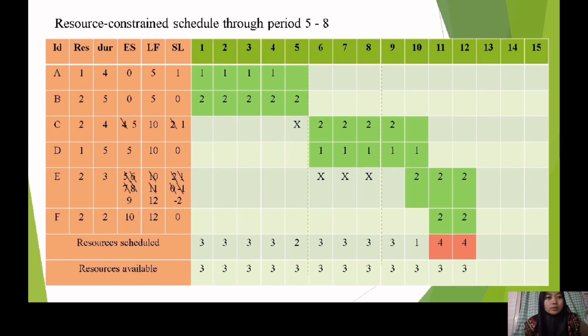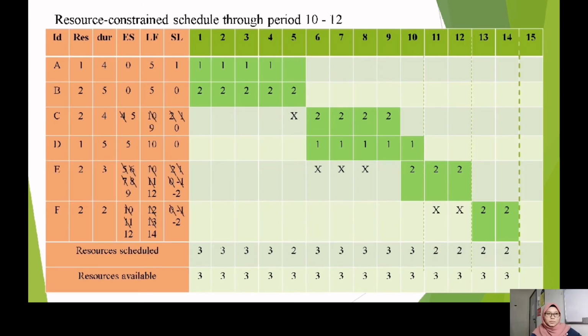Okay, as mentioned earlier by Fariza, at day 11 and 12 we exceed the resource available, and also F needs to start after C, D, and E finish. So we look at the late finish of ID E, which is 12.